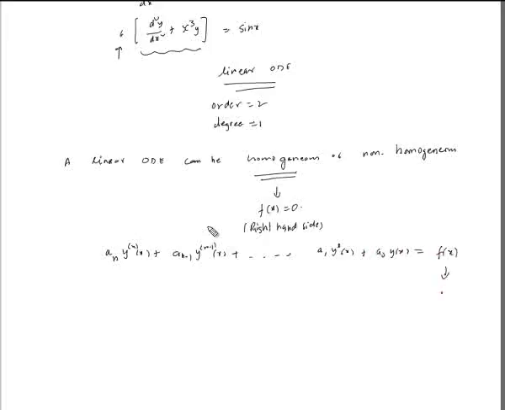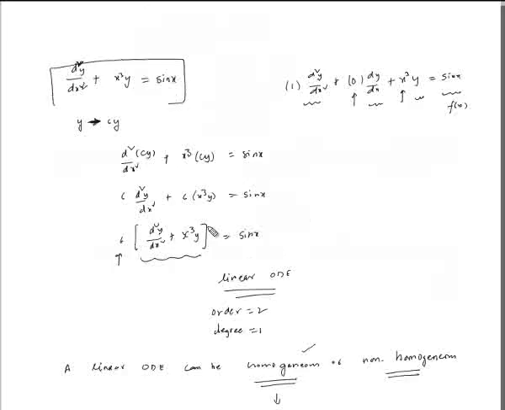Now if this f of x is 0, then you say the linear ODE is homogeneous, otherwise it is non-homogeneous. So in the example which we took here, you had f of x as sine of x, so this was a non-homogeneous case. Okay, so this was basically a non-homogeneous linear ODE case. So this is just a small classification among linear ODEs.